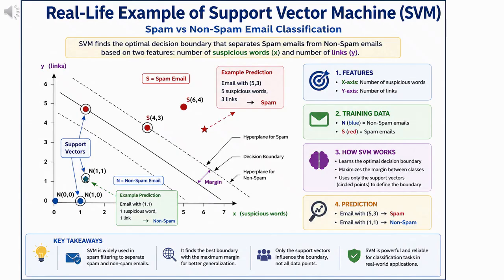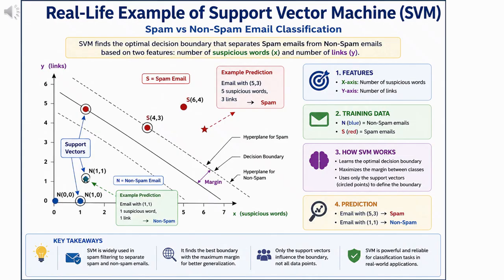They contain many suspicious words and several links, making them more likely to be unwanted or malicious. When we train an SVM model with these examples, it learns the optimal decision boundary that separates spam from non-spam emails. Instead of considering every email equally, SVM focuses only on the emails that are closest to the boundary. These are called support vectors, and they determine exactly where the boundary should be placed.